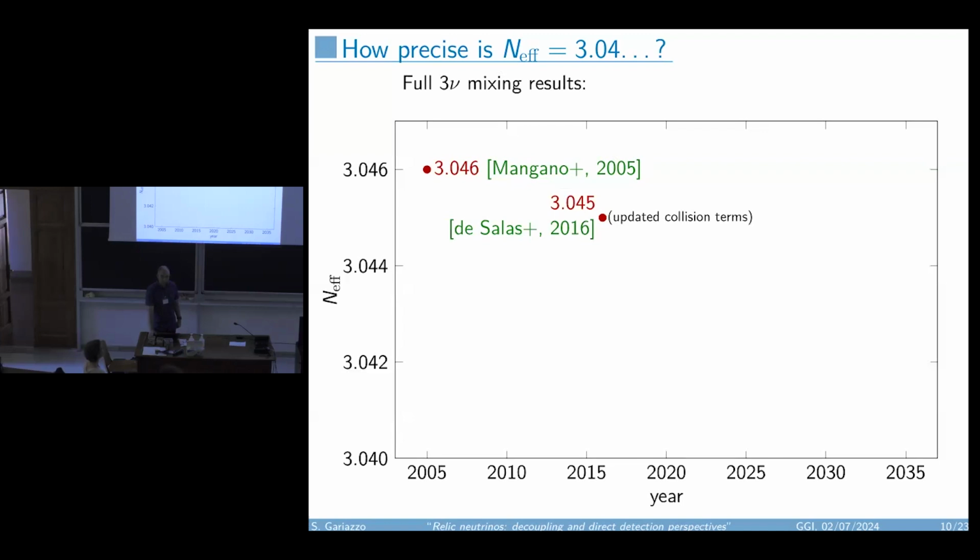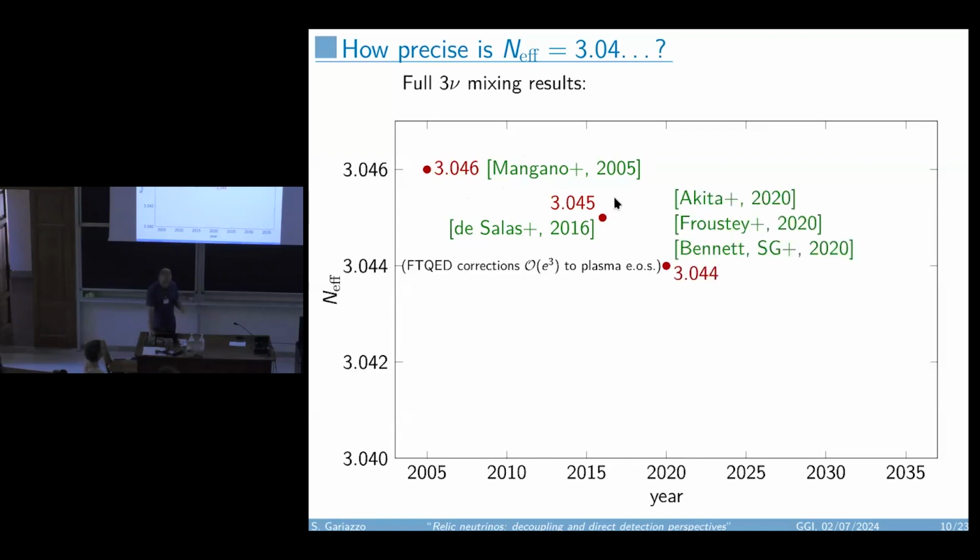Then Sergio was also involved in this paper, where together with Pablo Fernandez, they updated the collision terms and got 3.045. Then in 2019, Yvonne, together with other collaborators, computed for the first time the third order corrections to finite temperature quantum electrodynamics, which lowers N effective by another 10 to the minus 3.